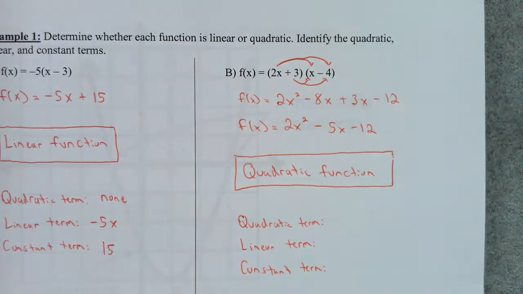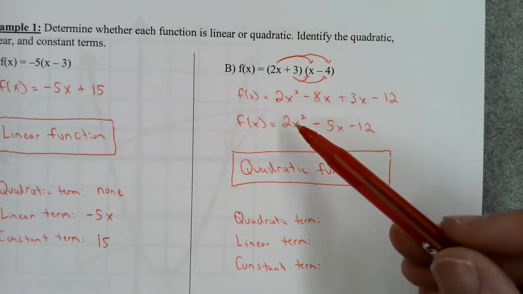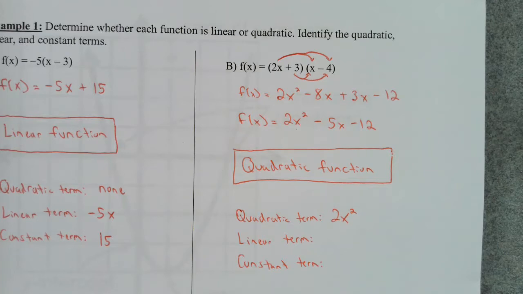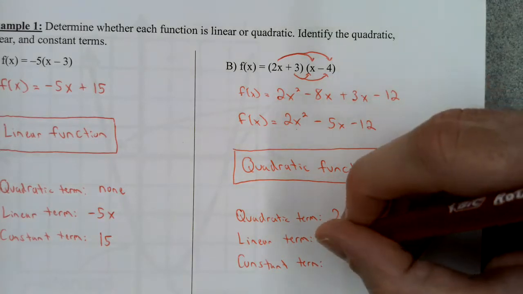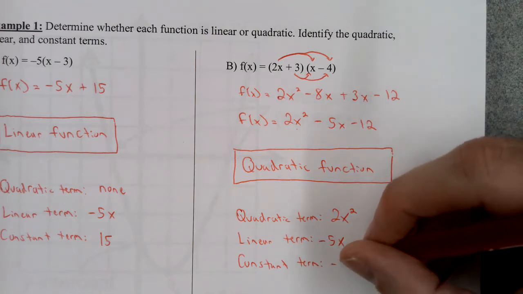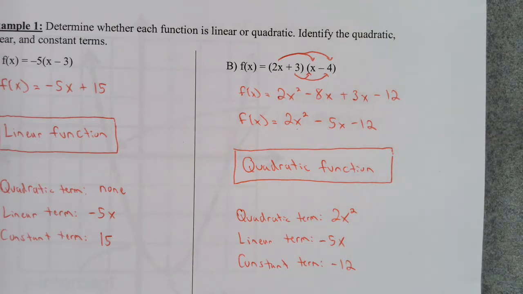Quadratic term will be 2x squared, linear term will be negative 5x, and the constant term will be negative 12. Okay. So that's the end of that page.